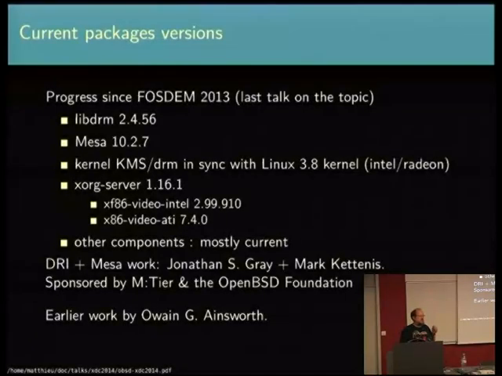With Owain, we also started to try to adapt things to the BSD kernels because there are some interesting features which were already there in our BSD kernels, like support for probing modes of external monitors on Sparc workstations or on Mac PPC machines. So there was already some framework in place.